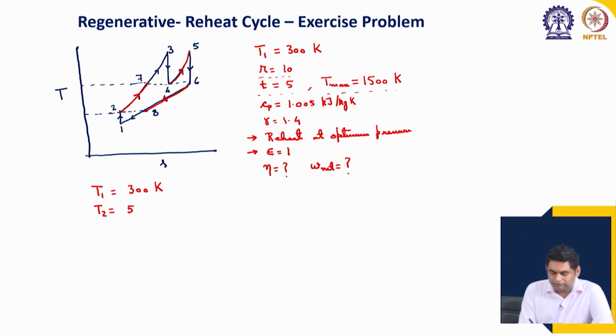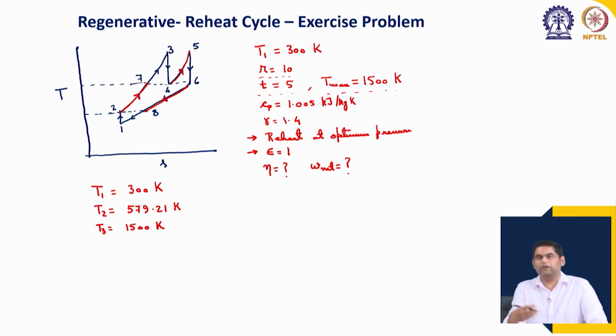So, I am directly writing down, you can try to calculate again for practice, 579.21 Kelvin. T 3 is known to us. So, I am writing down all the temperatures at each state, following our methodology of going step by step instead of trying to use the derived expressions.